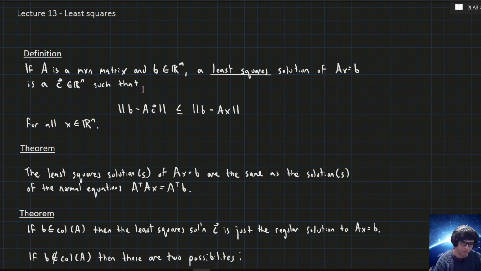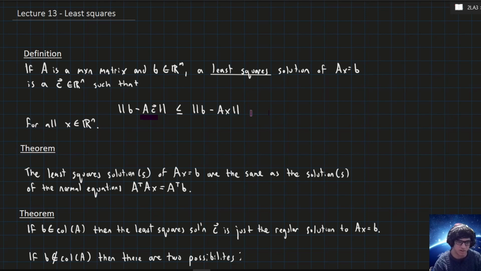What this is saying is that the distance between A times C and our target vector B is less than the distance between B and A times x for any other x. So this is the closest we're going to get.